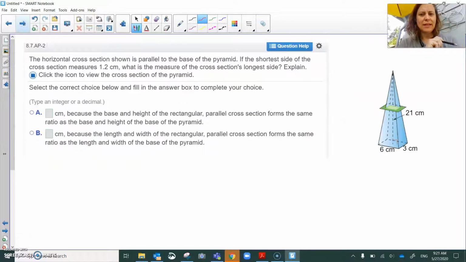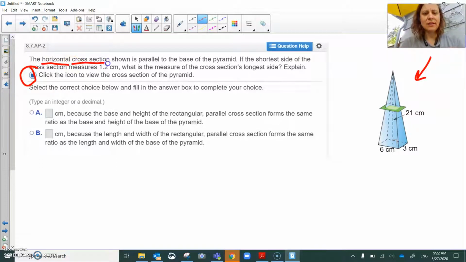Okay, next question. I don't know if you noticed this little guy when you were doing this problem, but if you click it, this is what pops up, which is very helpful. Horizontal means flat this way.